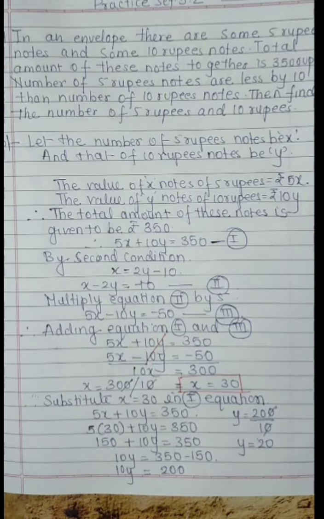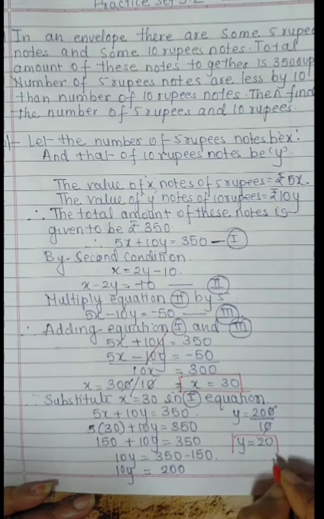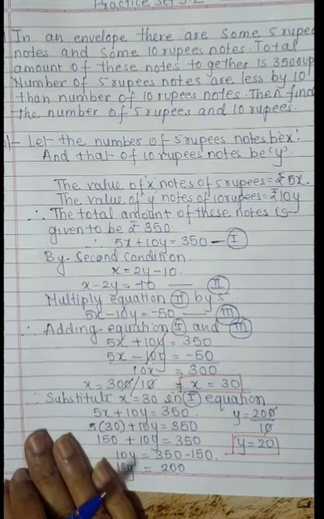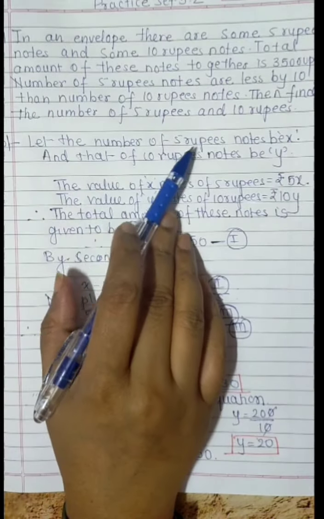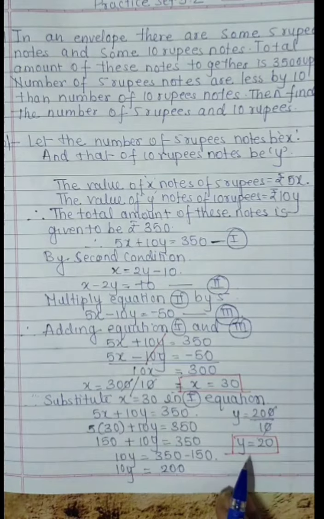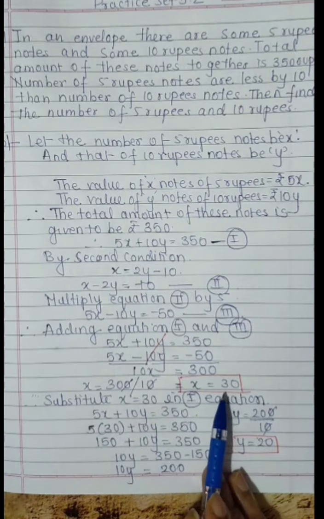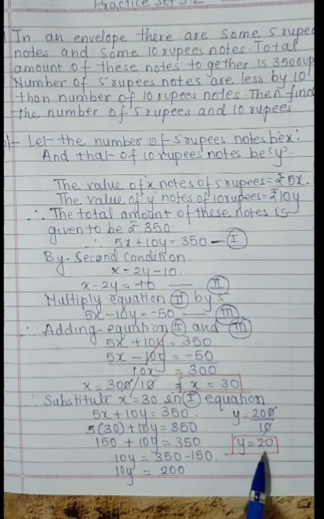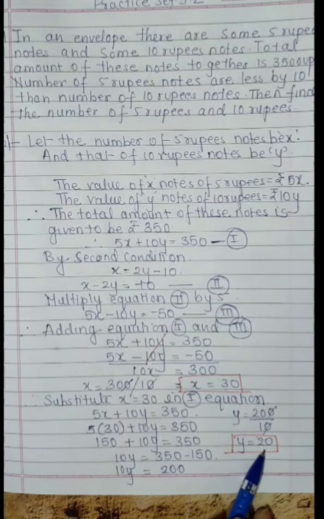We got the value of y as 20. So here the number of 5 rupees notes is 30 and the number of 10 rupees notes is 20. I hope you understood question number 1.